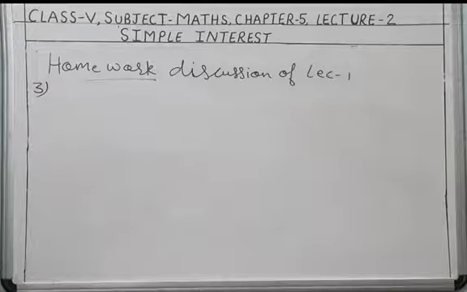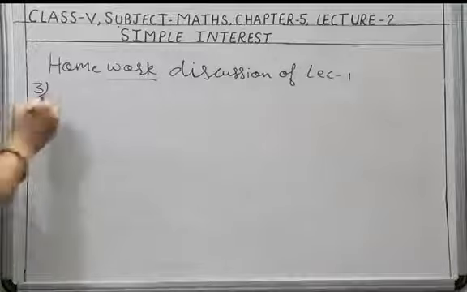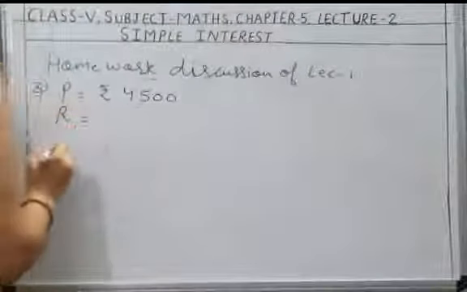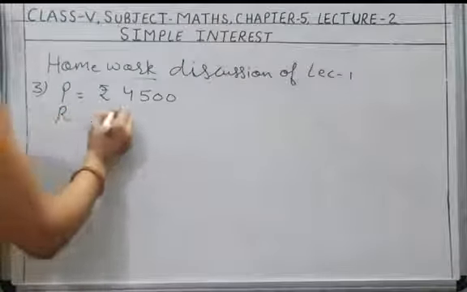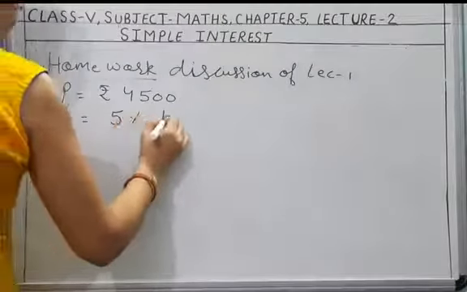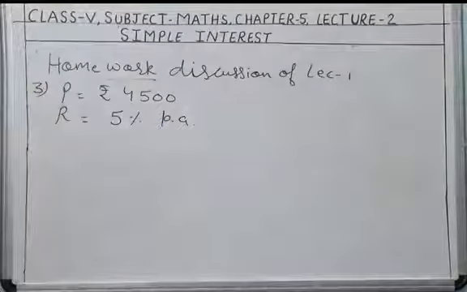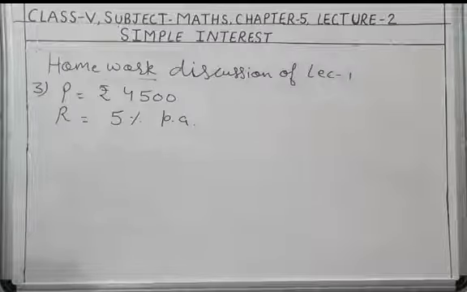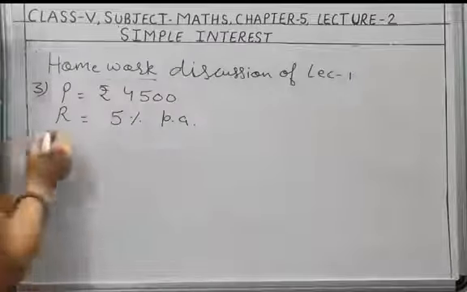Now question number 3, which was given in homework. Meera borrowed rupees 4,500 from Shyam at the rate of 5% per annum. So principal is given, rupees 4,500, at the rate of 5% per annum. How much did she pay back to Shyam after 4 years?